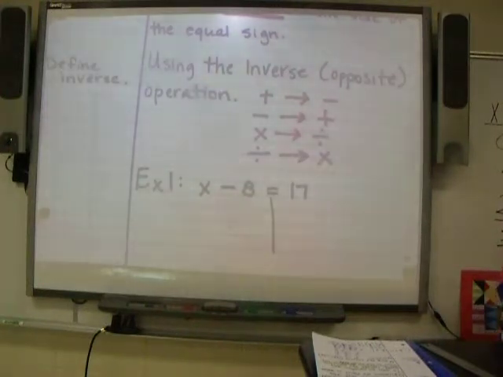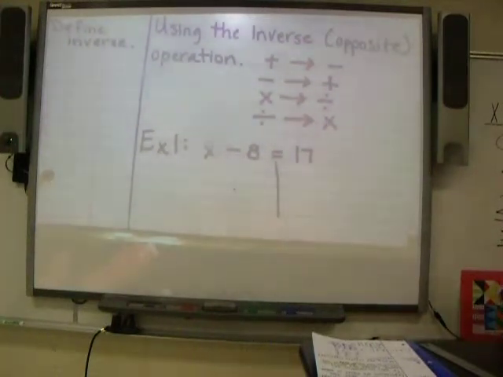We've already said that this expression is equal to this expression. That's what an equation is. It's saying that two expressions have equal value.